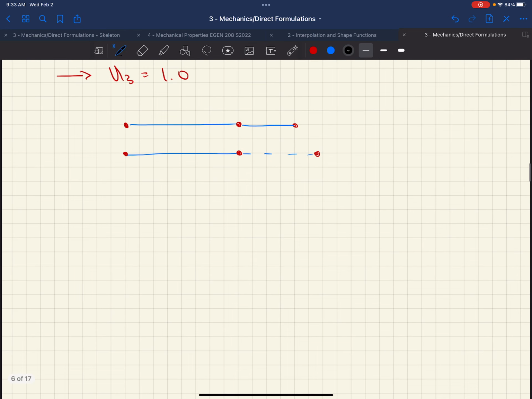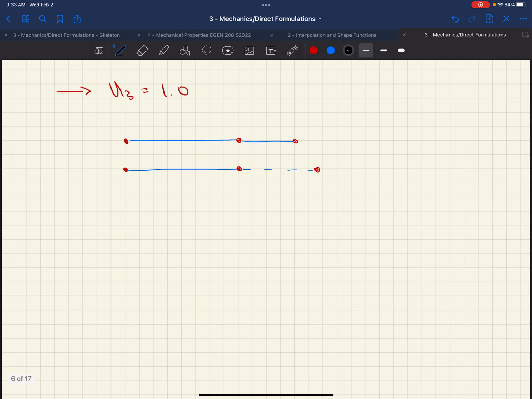Lastly, same vector approach, right? We impose a unit deformation at U3 now. Well, Elias, you get to lose F1, sorry. But we do have forces now at F2 and F3.